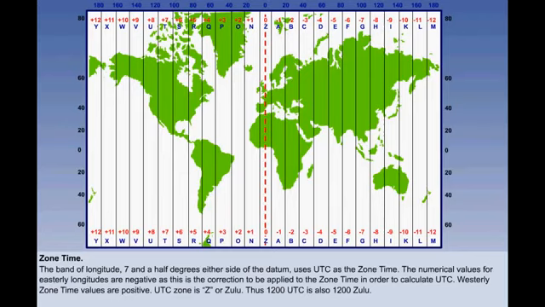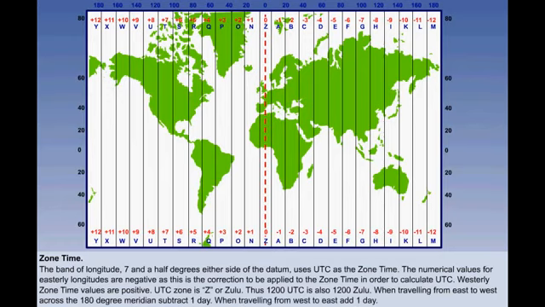Whereas from 172.5 degrees west to 180 degrees, the time difference is shown as plus 12 hours. Therefore, as we saw in the lesson on LMT, when travelling from east to west across the 180-degree meridian, subtract 1 day. And when travelling from west to east, add 1 day. Although zone time is used only at sea, the term Zulu time to mean UTC is also used by military forces and by many aviators.